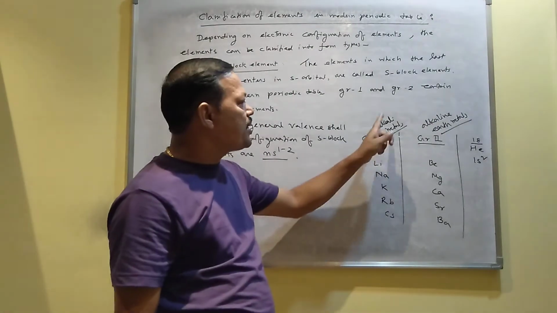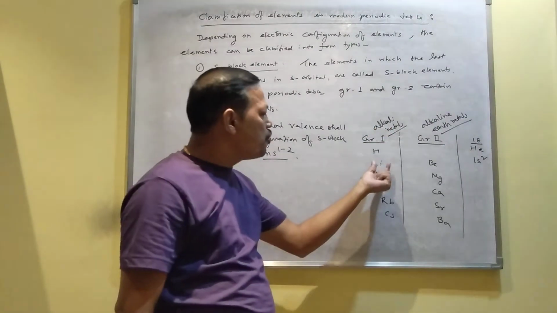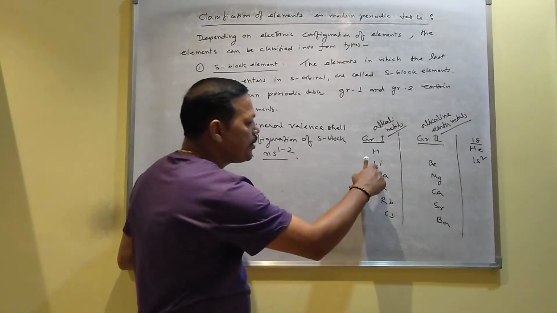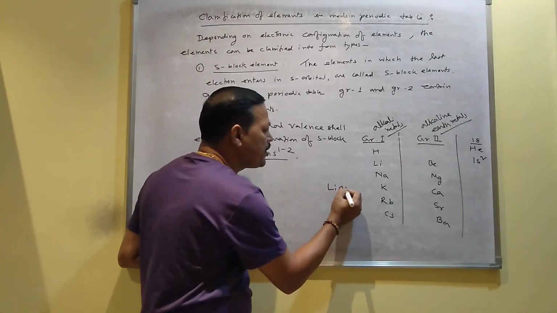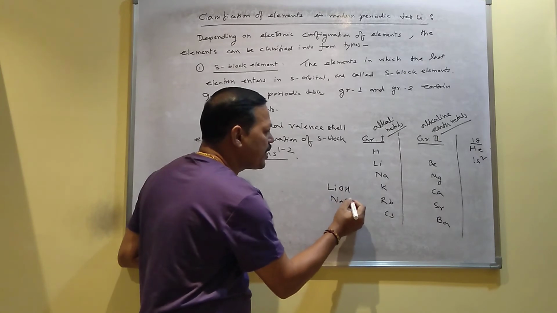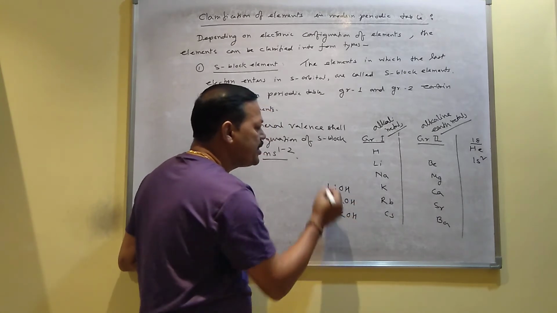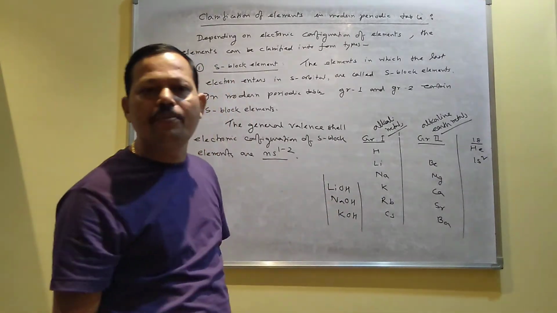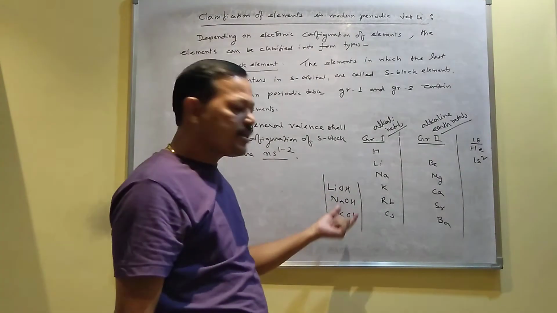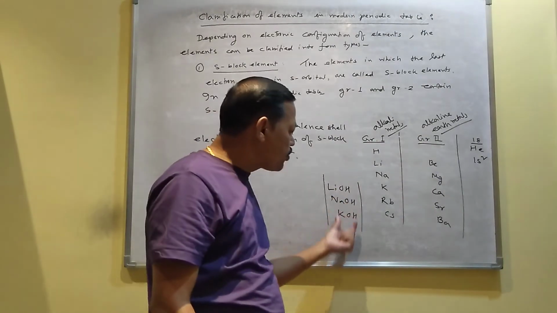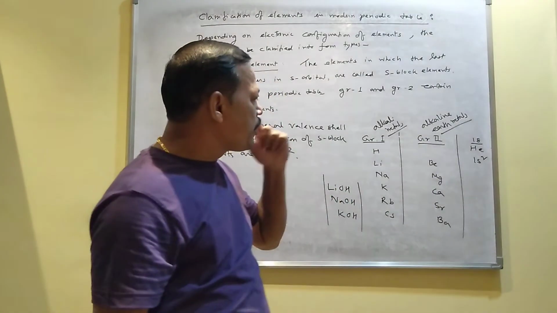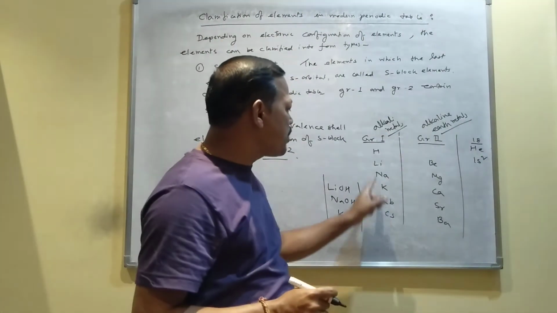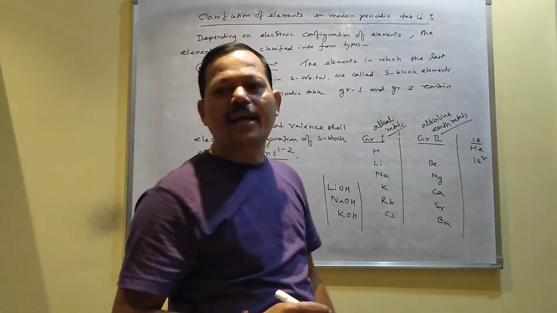Why are group 1 elements called alkali metals? Because the bases of lithium, sodium and potassium are lithium hydroxide, sodium hydroxide, potassium hydroxide, and all these bases are soluble in water, so they are called alkali. So group 1 elements produce alkalis, and that's why their corresponding metals are called alkali metals.